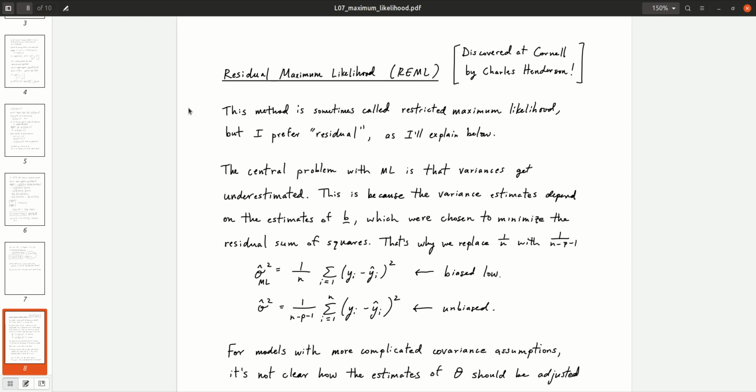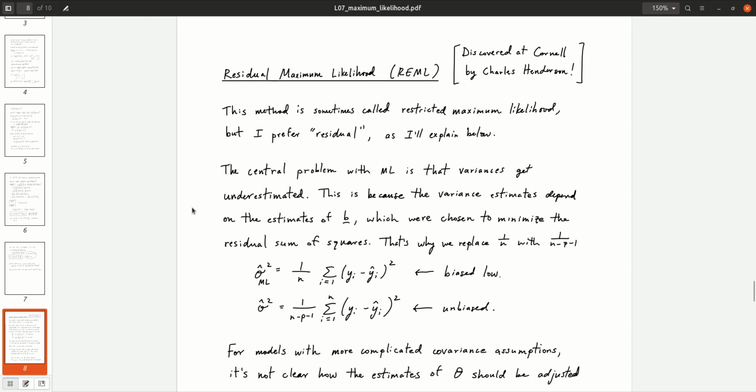The solution to that is to use the unbiased estimator that we derived earlier in the semester. But residual maximum likelihood, which is also sometimes called restricted maximum likelihood (I prefer the term residual, and I'll explain why), offers a clever solution to the problem that maximum likelihood gives you biased estimates of the variance parameter.